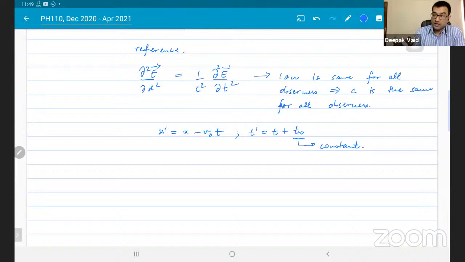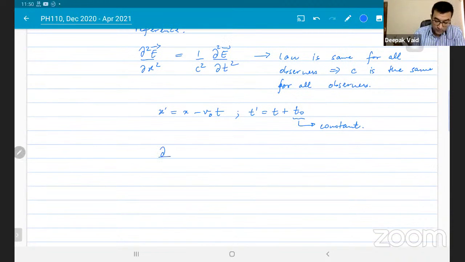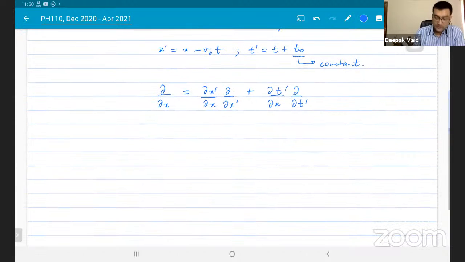So if you look at the Galilean invariance of this equation, invariance means whether or not something changes. In the exercise, I told you that you should write down d by dx in terms of x prime and dt prime. So how do you do that? This is the chain rule, applied for derivative operators.